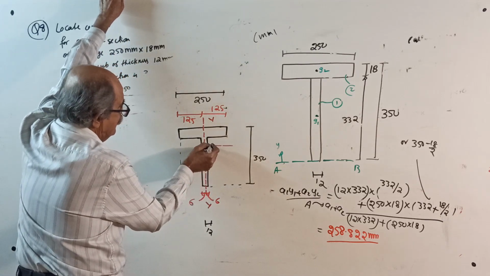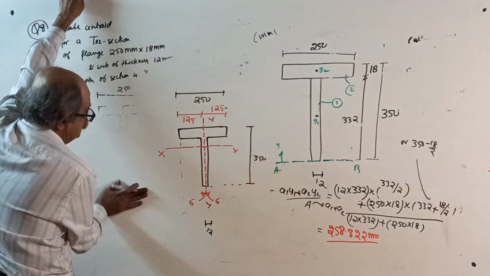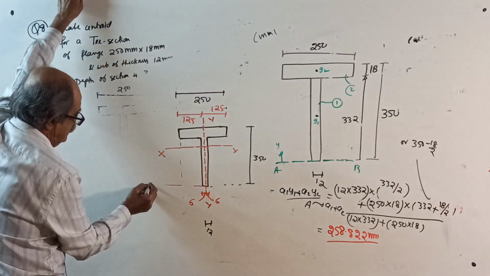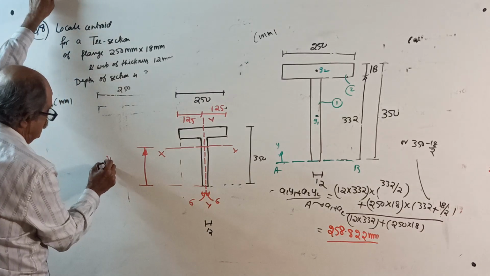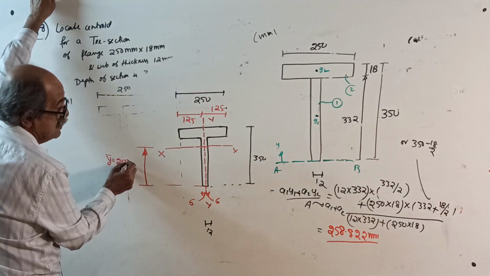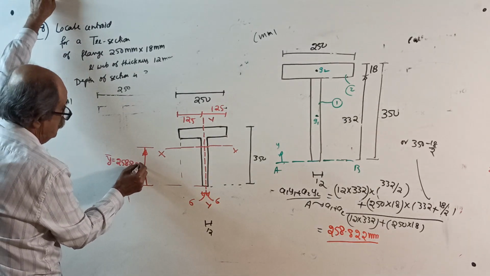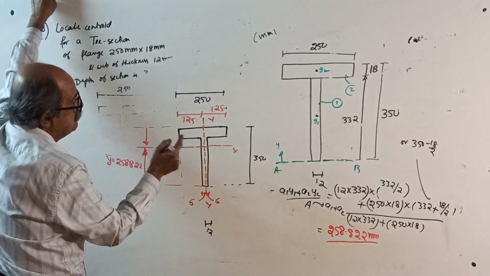This is your x-axis later. So, this is your Y bar equal to 258.822. Then from top, if you want, subtract from 350.